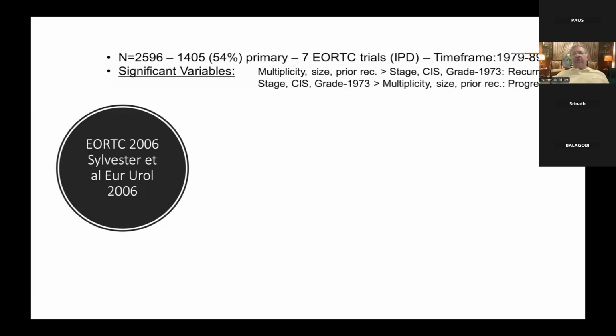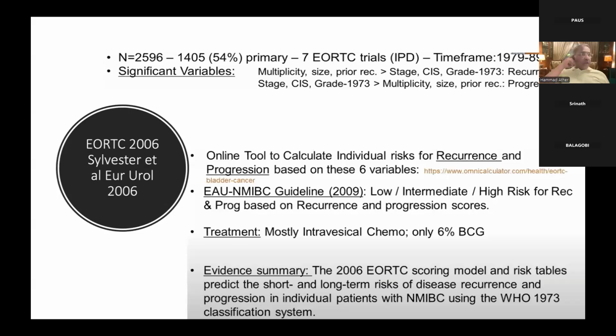The variables looked at were multiplicity, size, prior recurrence rate, the stage of the tumor, and the grade of the tumor, assessed on the 1973 grading system.